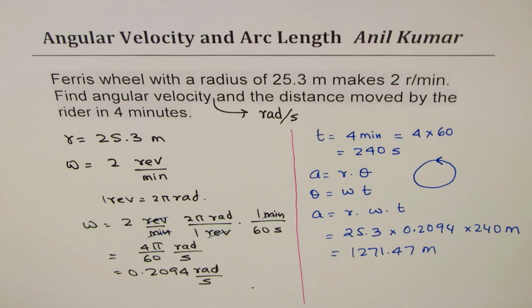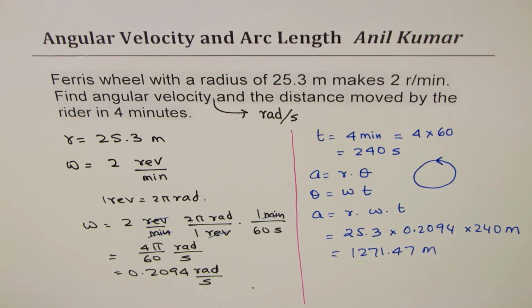So I hope this exercise helps you to understand how to work with radians, how to convert to degrees, and the relation A equals R theta, which is valid only when theta is in radians. Omega, the angular velocity, is angle turned over time, so it is theta over t. Normally, angular velocity is in radians per second.